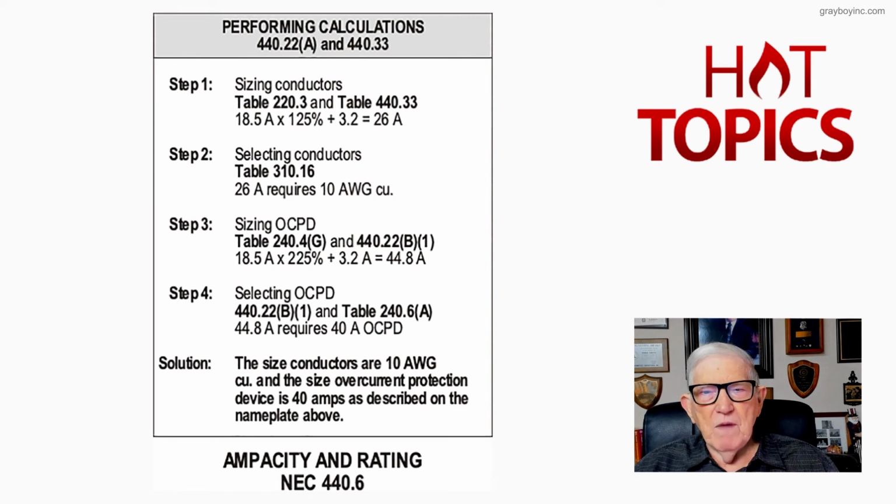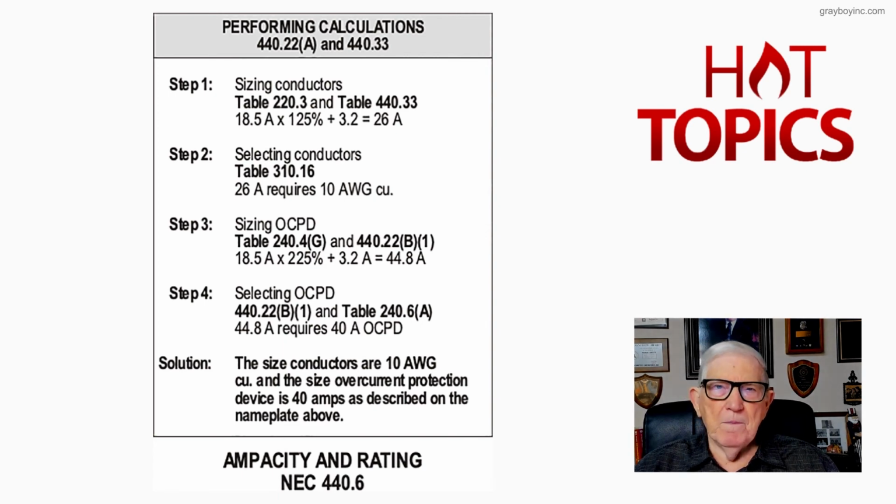After we've done the math in step 3 now, 225% of 18.5, the compressor current, add the 3.2 condenser motor, 44.8, and we cannot move up. There's no exception in 440.22B1 or A that would let you move up. So we have to round down to 40 amps, just exactly what the nameplate called for, really. So we know we're using the maximum.